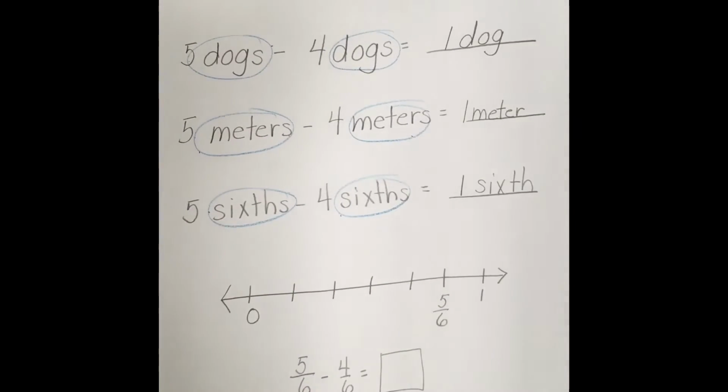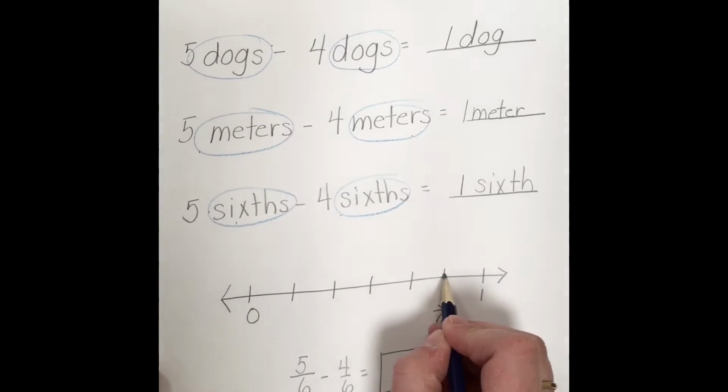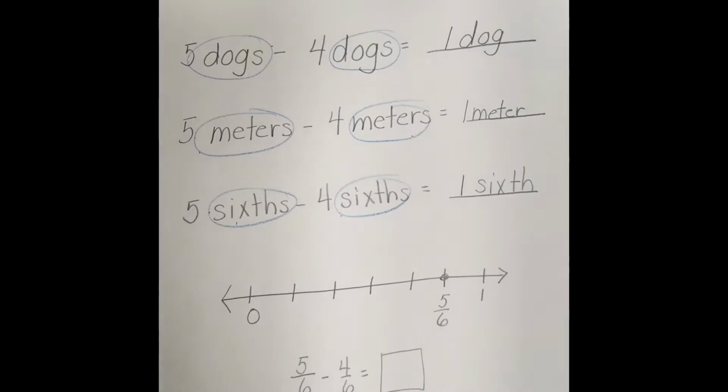So here's this number sentence written this way. 5 sixths minus 4 sixths equals. So if I had the number line, I would start at 5 sixths, and then I would count backwards to subtract 4 sixths.